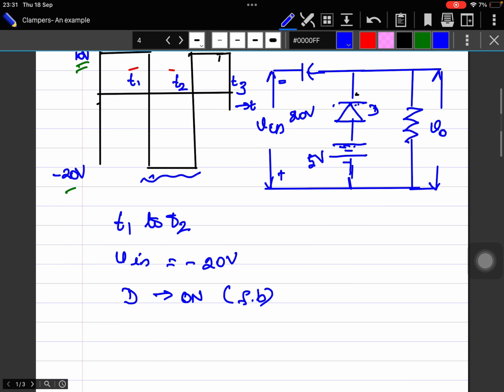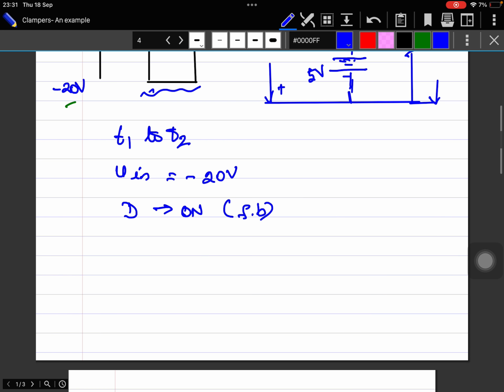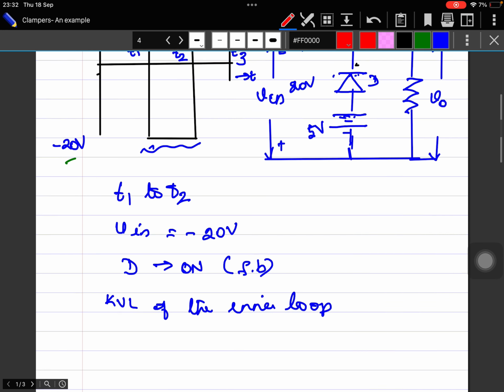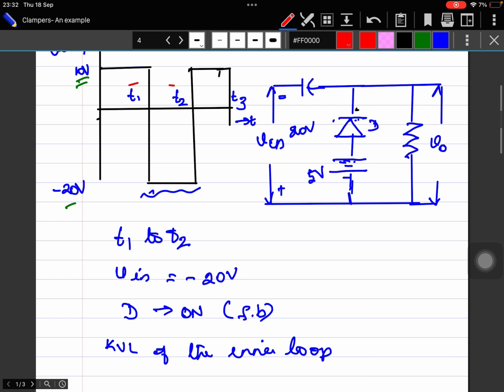So when you take the loop equation of the inner loop, KVL of the inner loop, what will you see here? V input is 20 volts, and we have a capacitance here. We will mark the potential as minus to plus. That will be VC1. And you have a potential of 5 volts here.